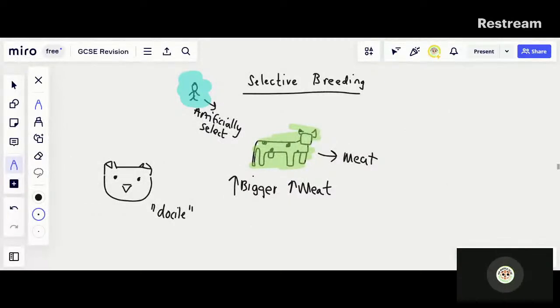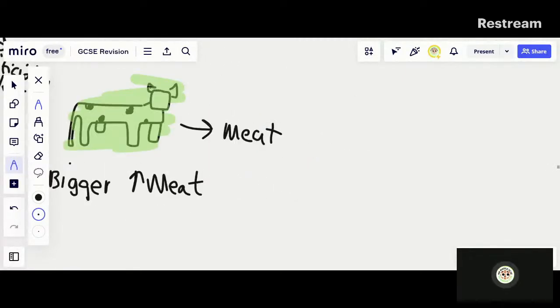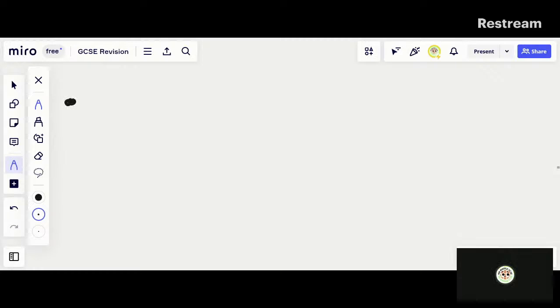So what are the steps in selective breeding? That's the main thing you need to know. The first step is, from your existing stock, your existing animals, you need to select which organisms have the characteristics you're after.